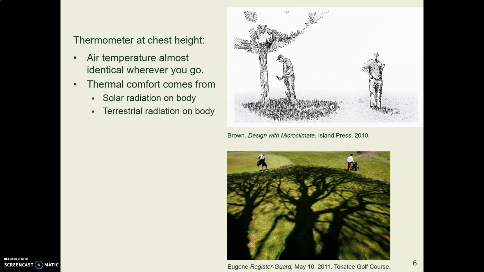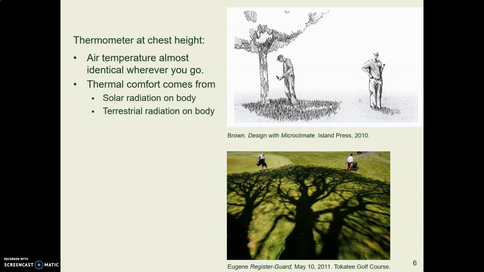It turns out that the temperature of the air is just about the same wherever you go on a particular day. So you could be carrying a thermometer, let's say, at chest level and go walking around, and it's going to register about the same temperature everywhere you go. But what makes you feel warm or cool is not just the air, it's the terrestrial radiation.